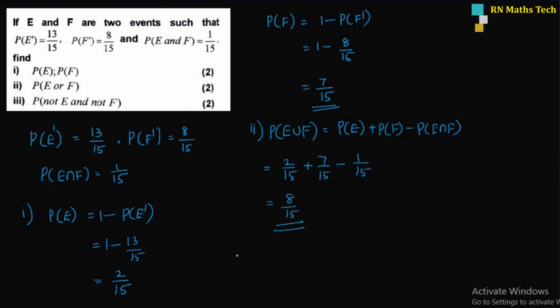Okay, now third one is P of not E and not F. P of E dash intersection F dash is equal to 1 minus P of E union F, that is 1 minus E union F is 8/15, that's equal to 7/15.